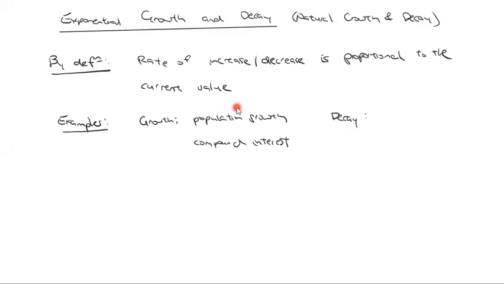So on the decay side, that I suppose would be your death rate, like how many people die, or you might be talking more about, for example, radioactive decay. So you may know from science and physics that if you have a radioactive isotope, then the amount of the mass of that decay is proportional to how much you've got.